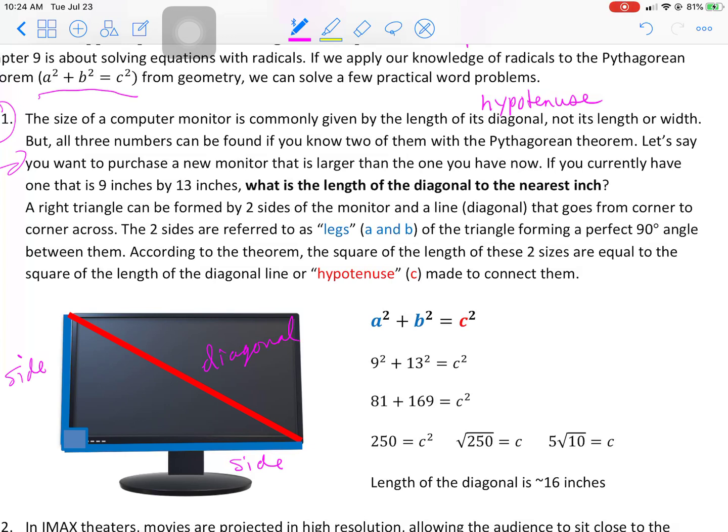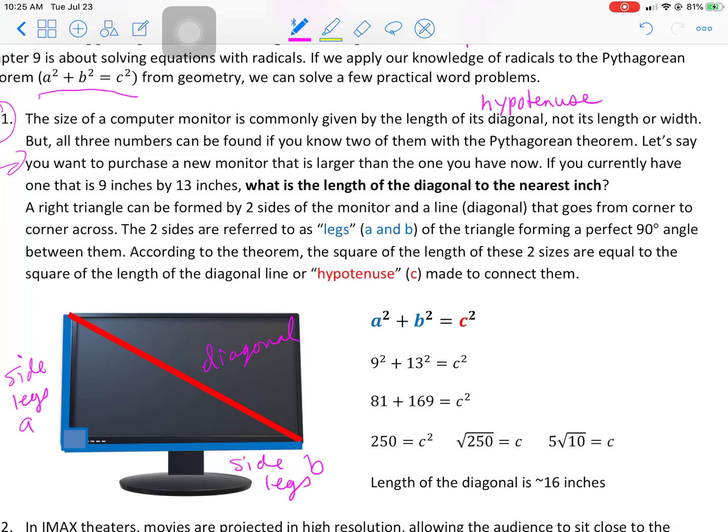connects those sides across the center. The 2 sides are also referred to as legs of the right triangle. Okay. And they just call them randomly A and B, but one side could be B and the other one A. They're interchangeable.